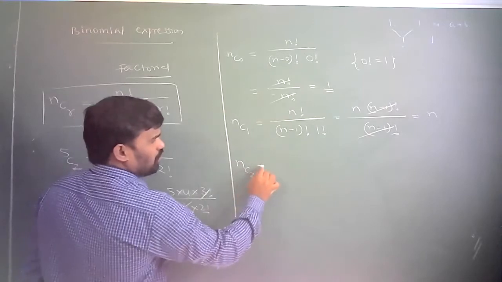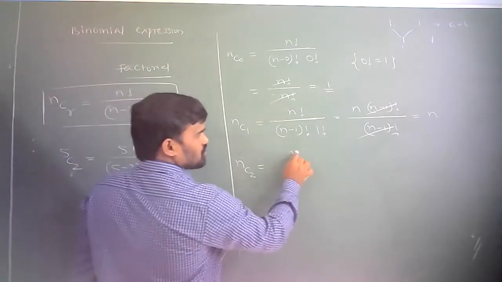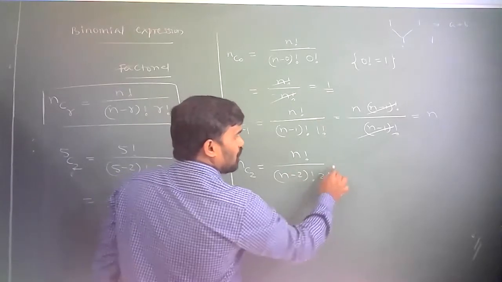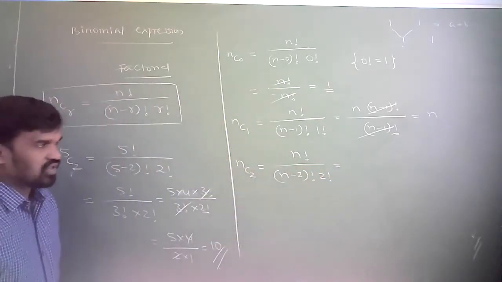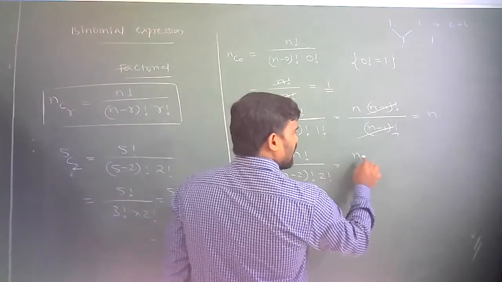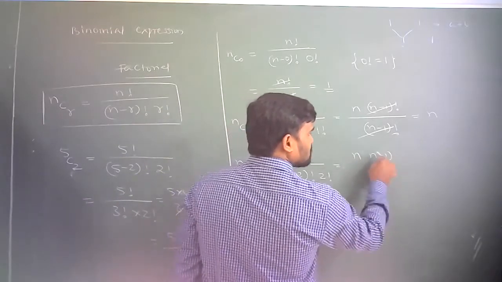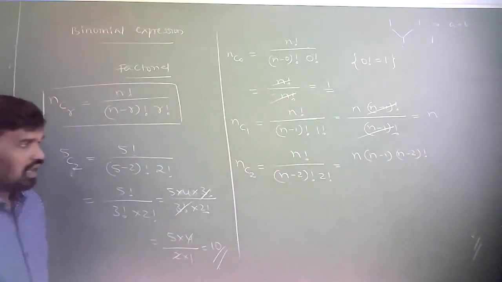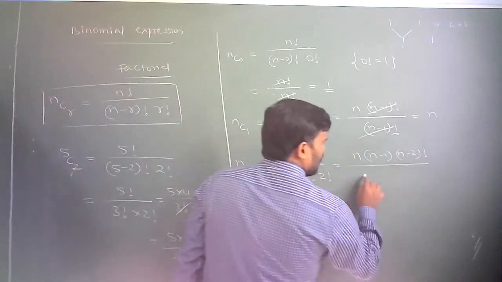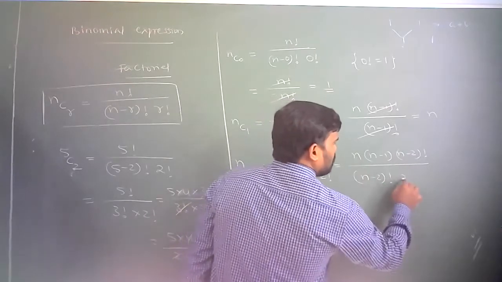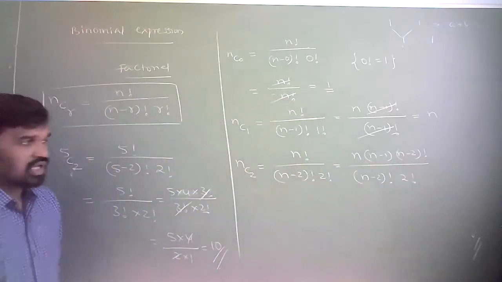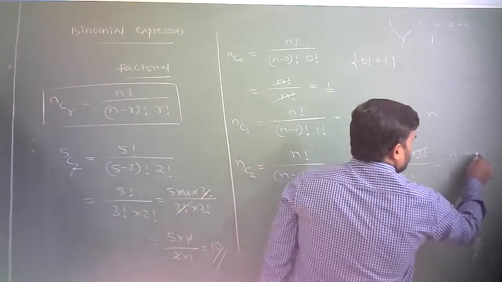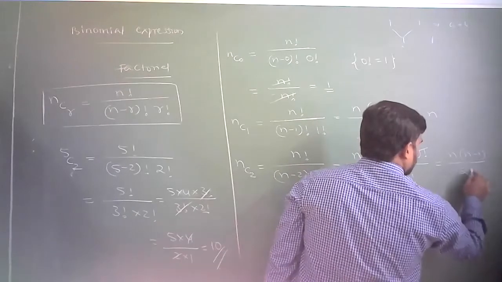Next, NC2 I am writing. NC2 is n factorial by (n minus 2) factorial into 2 factorial. Its value is n into (n minus 1) into (n minus 2) factorial, divided by (n minus 2) factorial into 2 factorial. So these cancel, and finally we get n into (n minus 1) by 2 factorial.